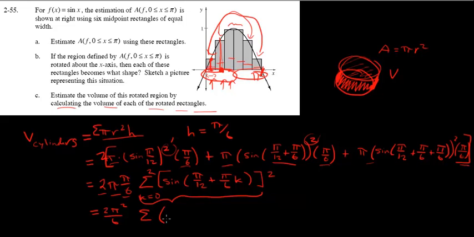So what I'm putting in is sum, open parentheses, I start with another parentheses, sine pi over 12 plus pi over 6 times k. You can use x here. Close it again, because now I have this whole sine. I square it. Okay?